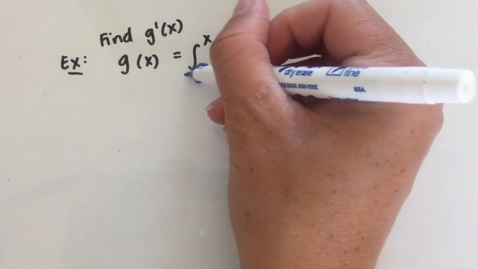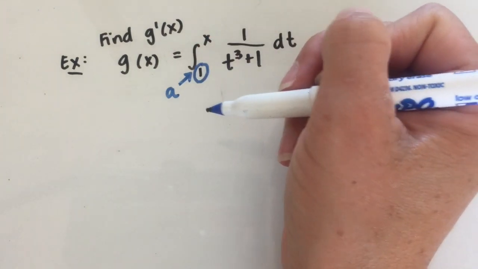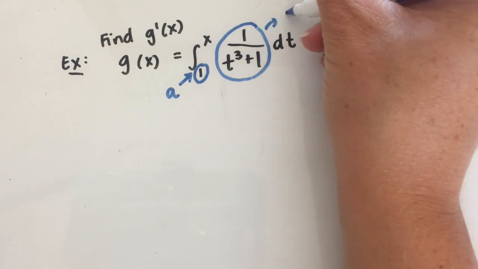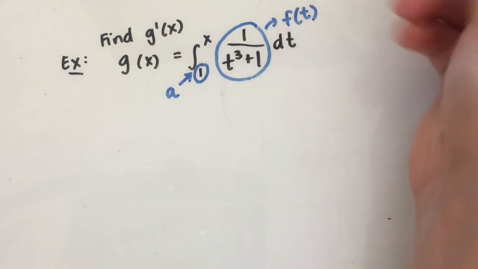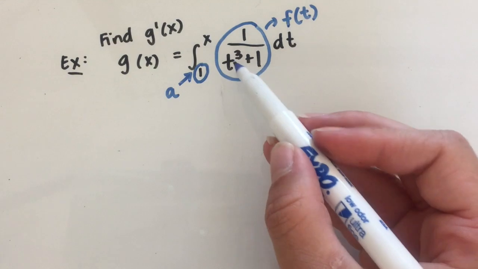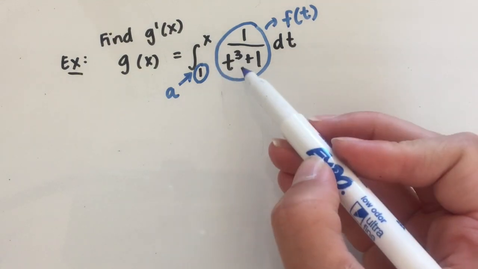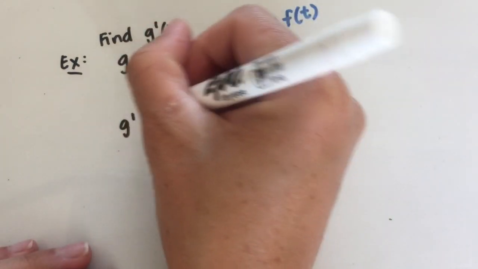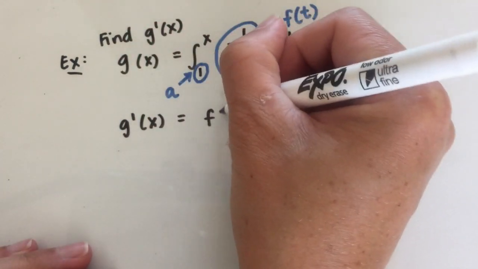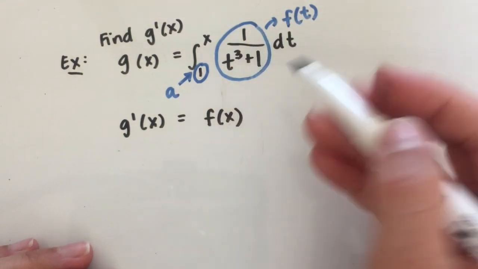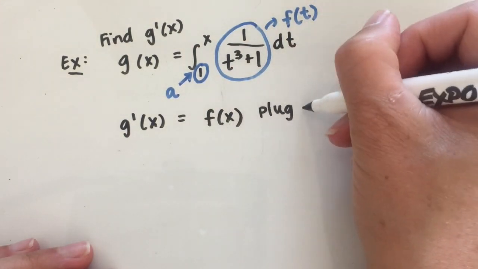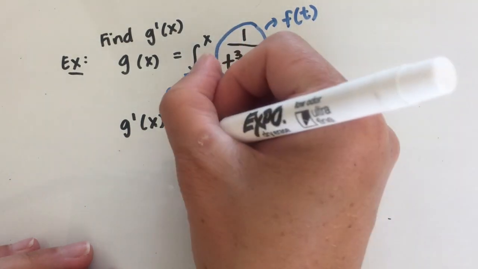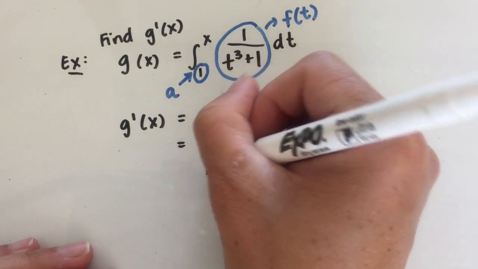We can see that our a value here is 1, and that our f of t is 1 divided by t cubed plus 1. Now we can apply the fundamental theorem of calculus part 1. So we get that g prime of x equals f of x. So we just plug in x for t, and you get 1 divided by x cubed plus 1.